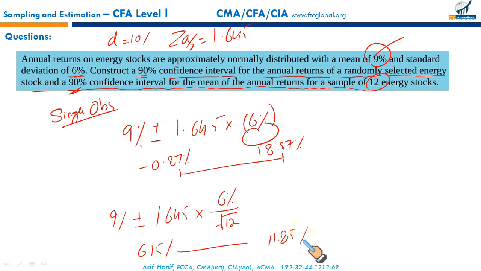So at 90% confidence interval, this is the range for the population mean. That means the true parameter will fall within this range, and we are 90% confident about this. This was for a single observation from the sample. This was for the population as a whole.